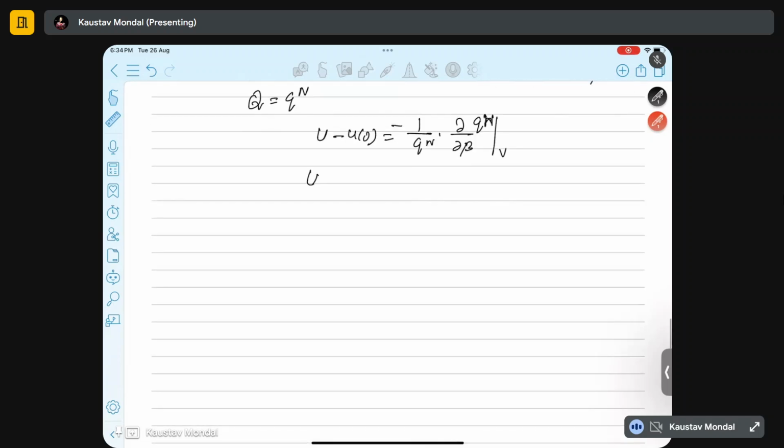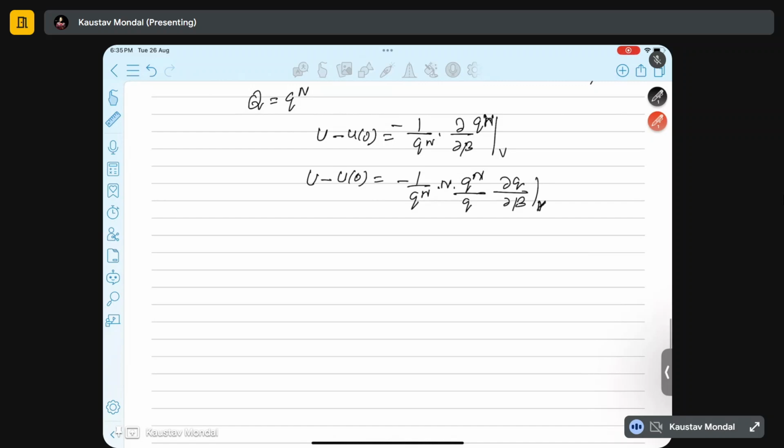So u minus u0 would be simply minus 1 by Q^N into Q^N by q. The 1 by q would become the denominator, then del q by del beta at constant volume.